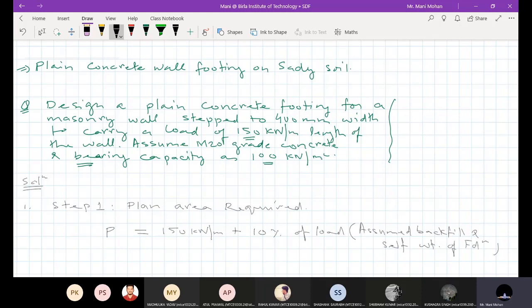Later you may rectify this, but you will always be on the safer side if you assume 10%, 8 to 10% you can assume. So if I do this, I get how much? 1.1 into 150. This turns out as 165 kilonewton per meter.